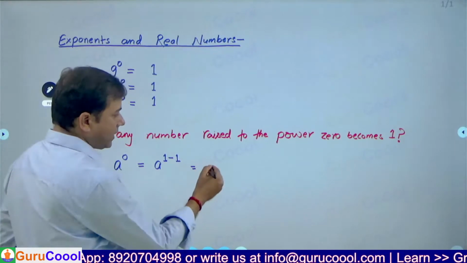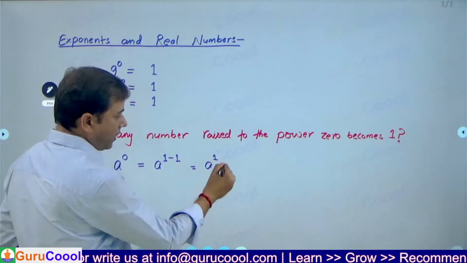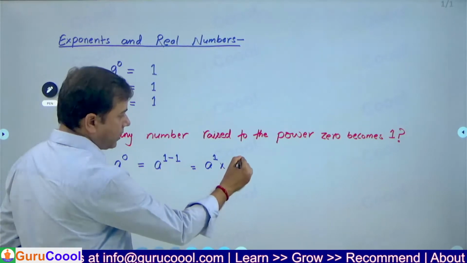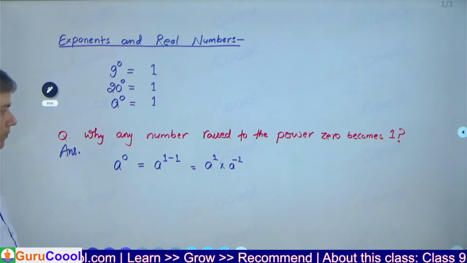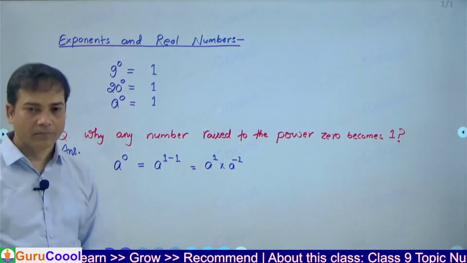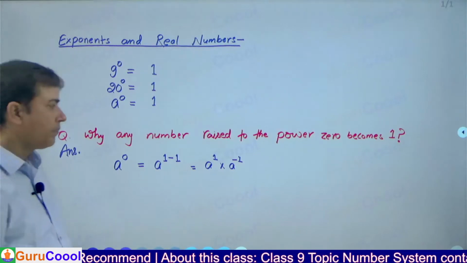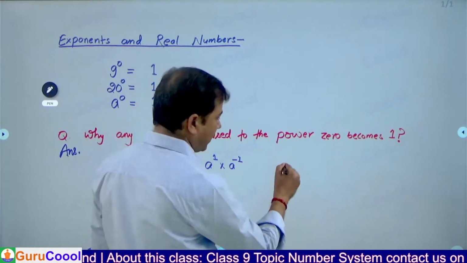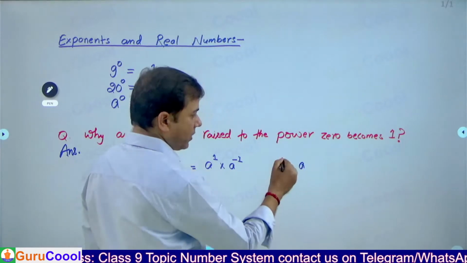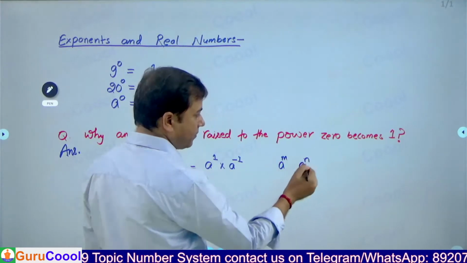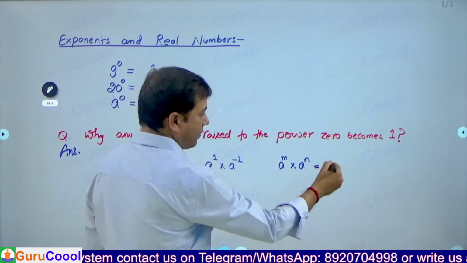Now can I write a raised to the power 1 times a raised to the power minus 1? There is a law of exponent which says if you have the same base with different powers and there is a multiply sign between them, we can add the powers together.